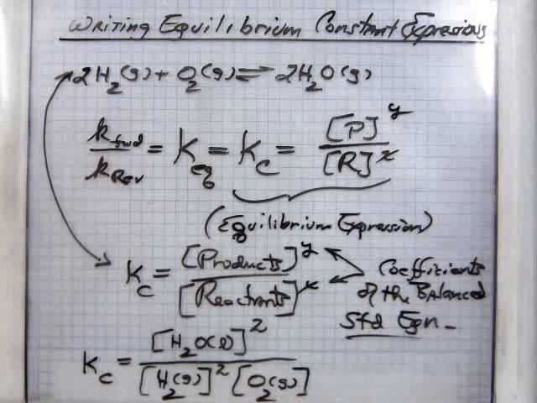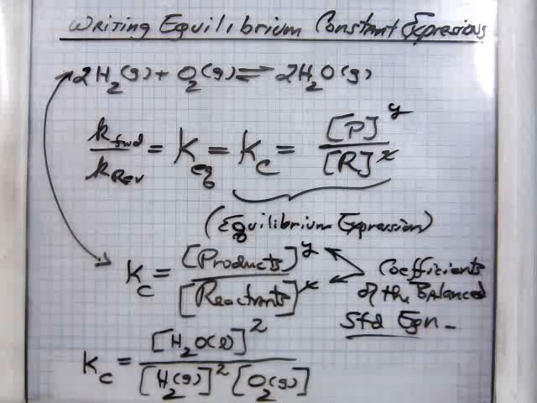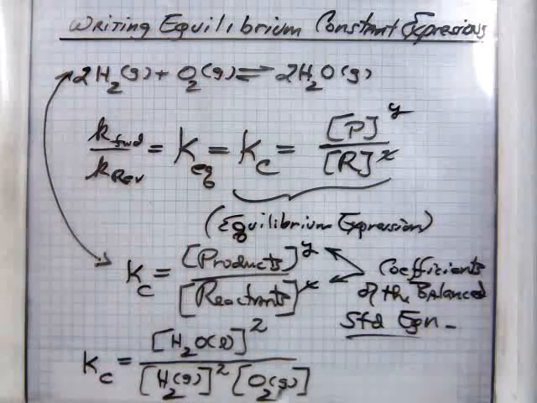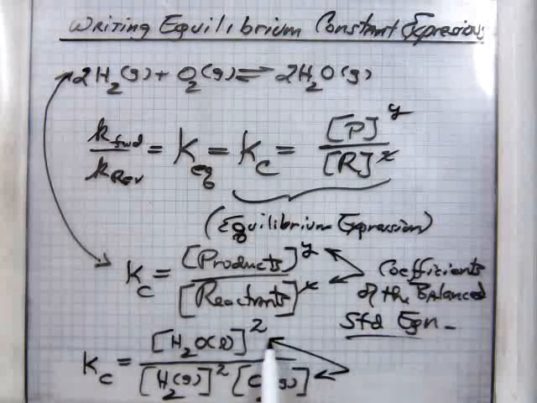And you don't have to put a 1 up there if you don't want to. Everybody knows if it's 0, it goes to 1 anyway. But if it's a 1, it's understood to be that. This is the equilibrium expression, mathematical expression, for this reaction. And it defines the equilibrium concentration values.